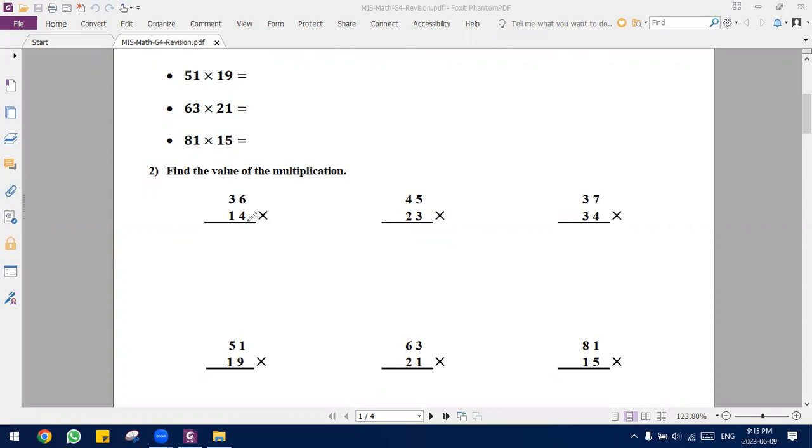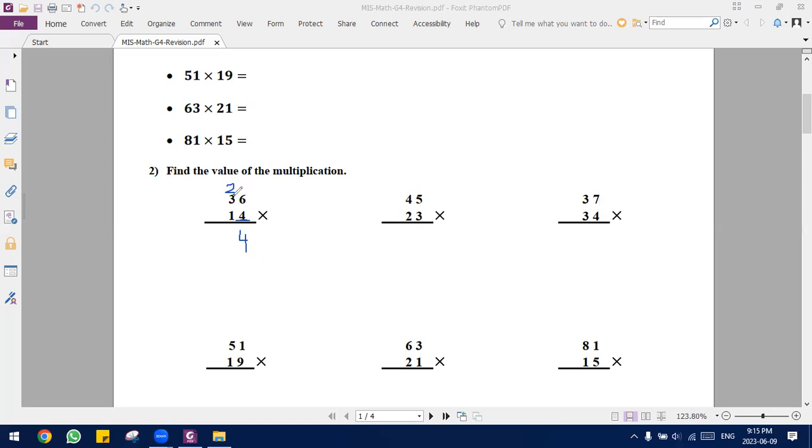What does that mean? First of all, I will forget about the 1 here, and I will take only 4. Let me use the blue color. Now I will multiply 36 by 4, step by step. So 6 times 4, 24. We write 4 here, and then the 20, we carry it up. Then I do multiplication. We don't add them now.